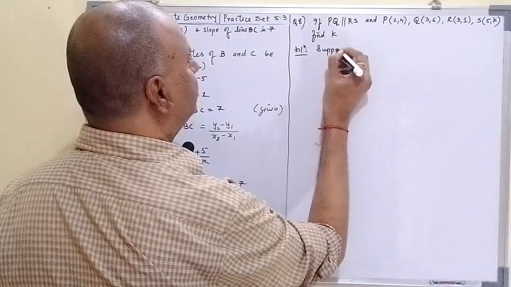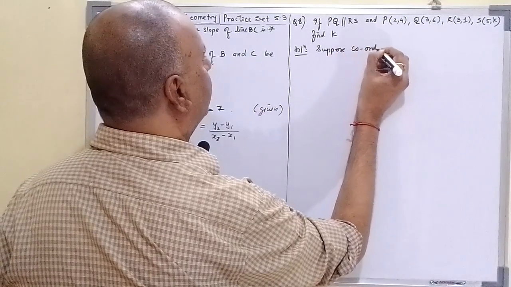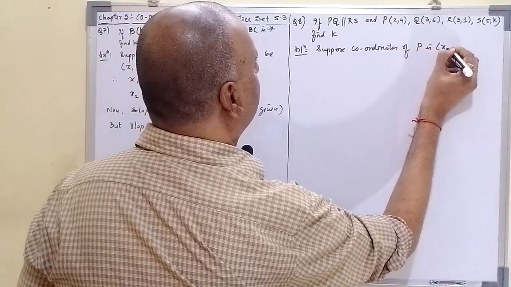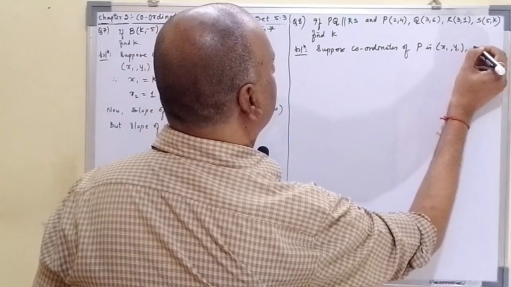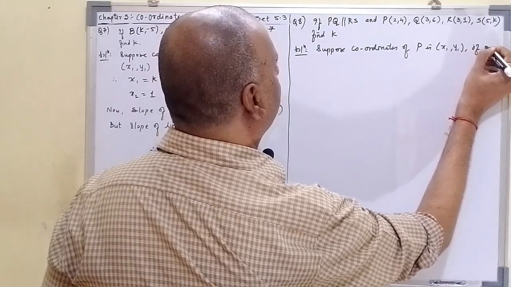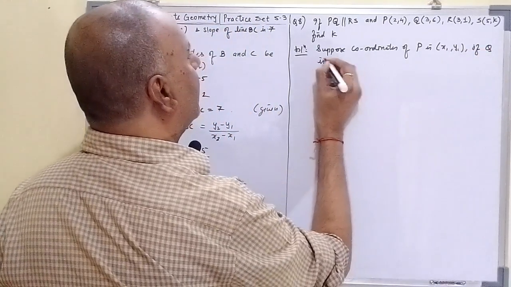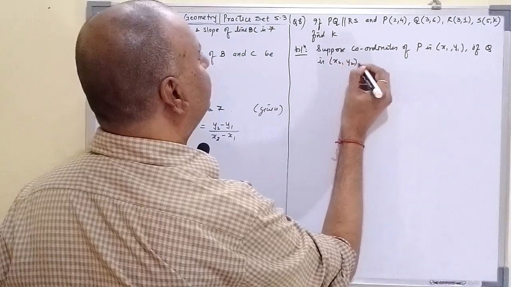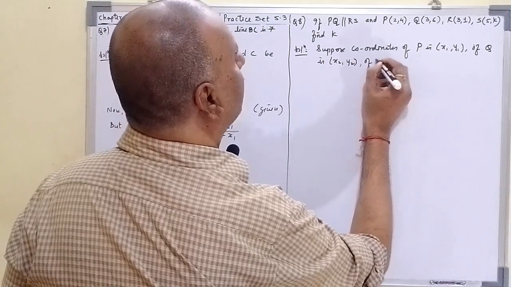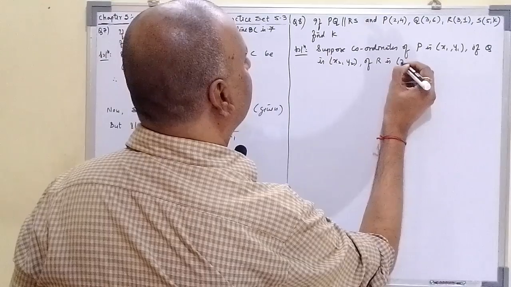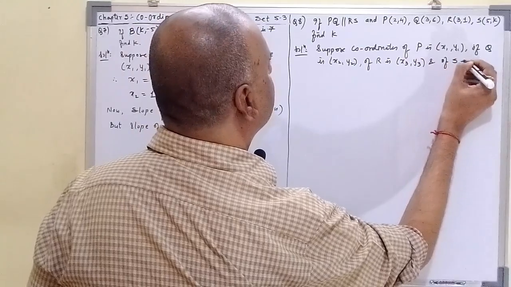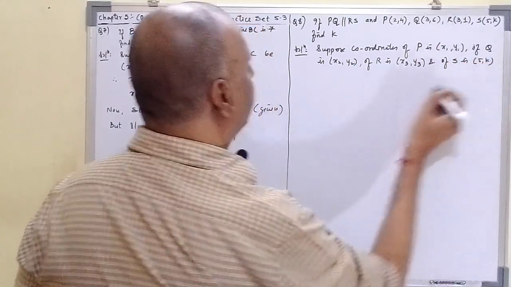Suppose coordinates of P is x1, y1, of Q is x2, y2, of R is x3, y3 and of S is 5, k.